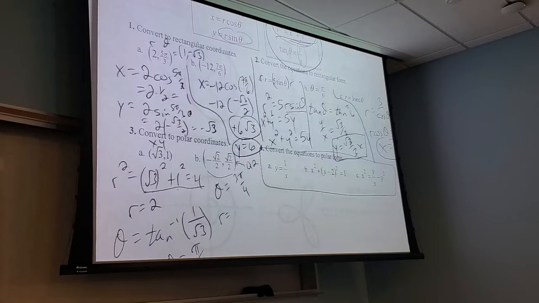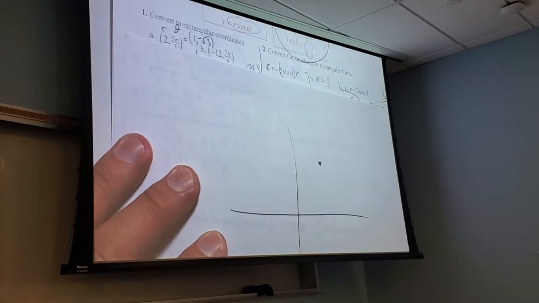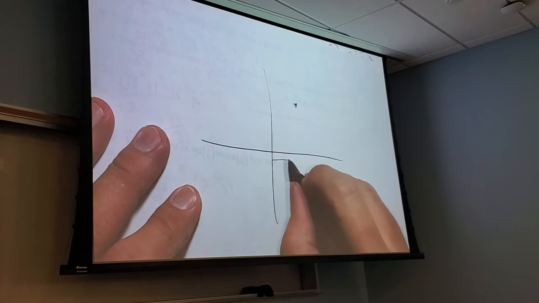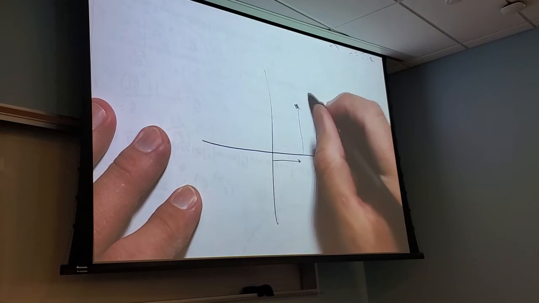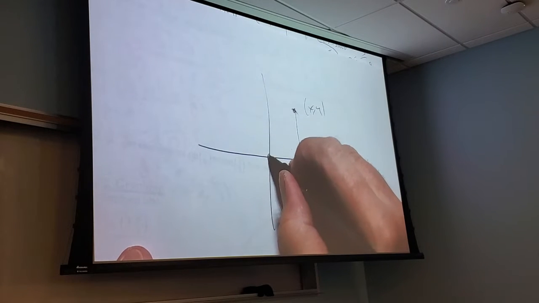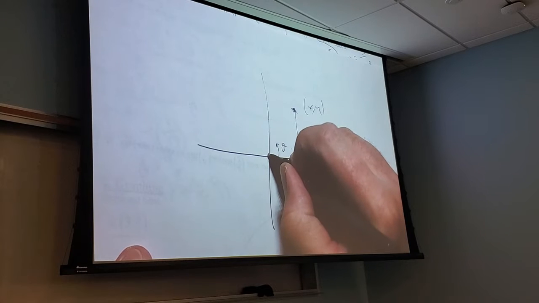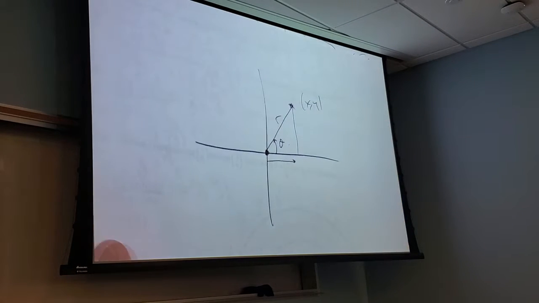So I could either locate this point by walking over on the X and then up on the Y, or I could tell somebody who's standing here, turn this far and then walk this far.